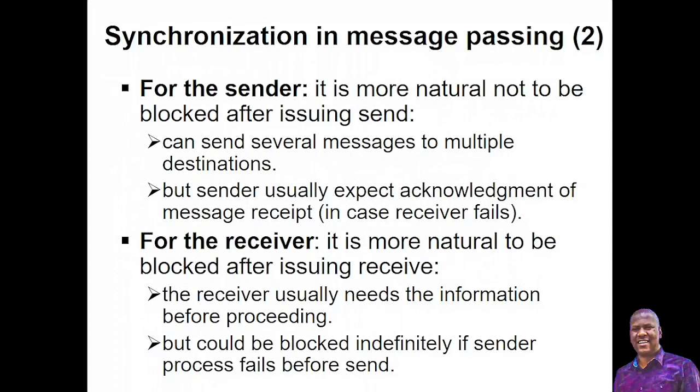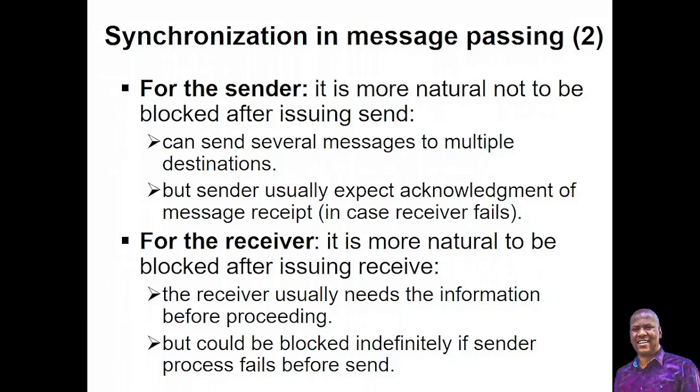We need to understand that for the sender, it's more natural not to be blocked after issuing send. That is for synchronous. It can send several messages to multiple destinations, but the sender usually expects an acknowledgement of the receive. Synchronization typically employs the mechanism that the TCP protocol uses, acknowledgement.